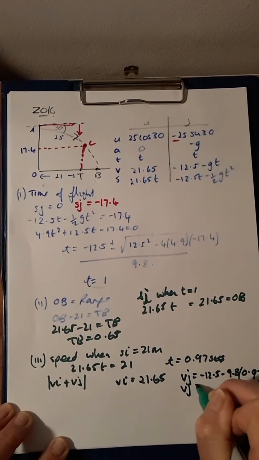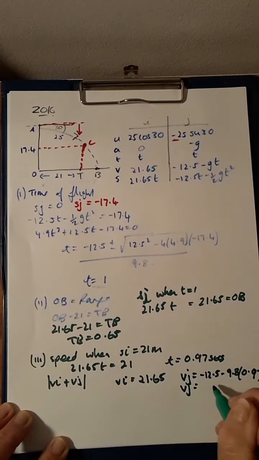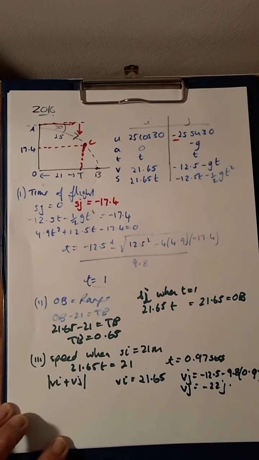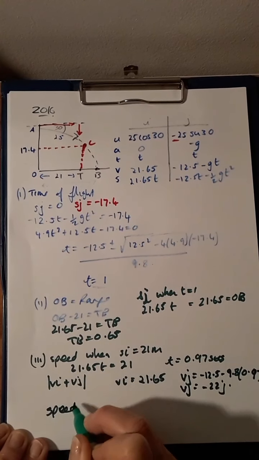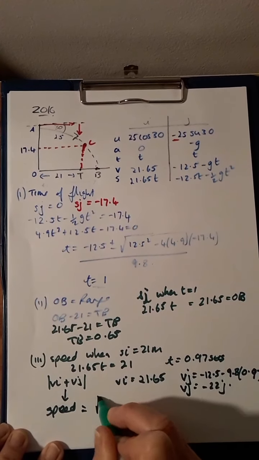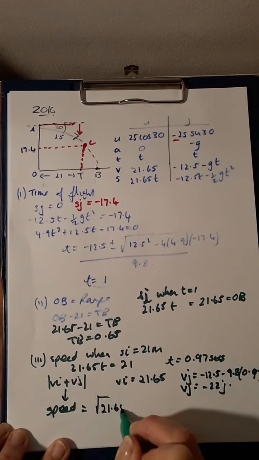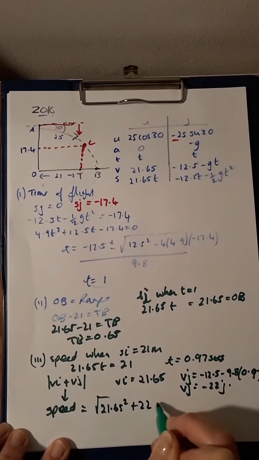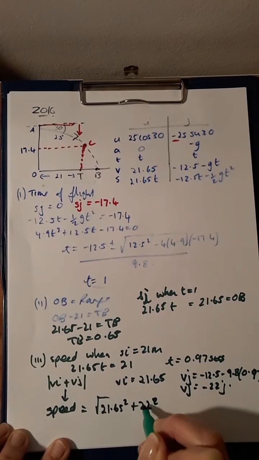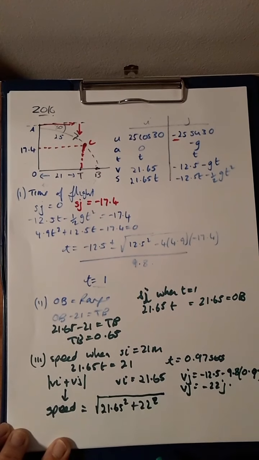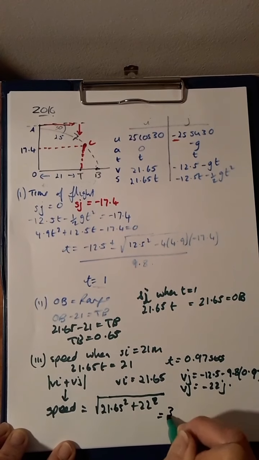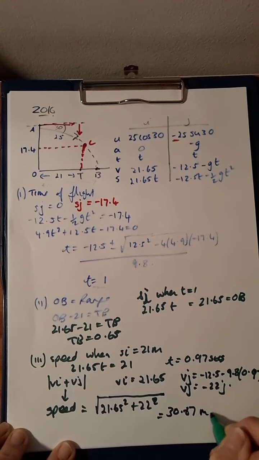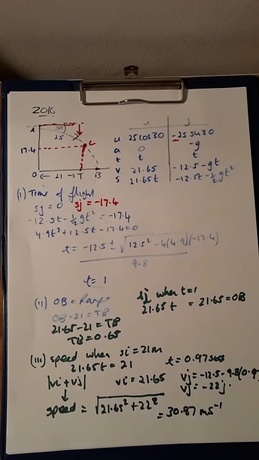And when I do that, that gives me minus 22J. Right, so my modulus, the speed, is equal to the square root of 21.65 squared plus minus 22 squared. When I do that, I get 30.87 meters per second. Okay, so that's part A.